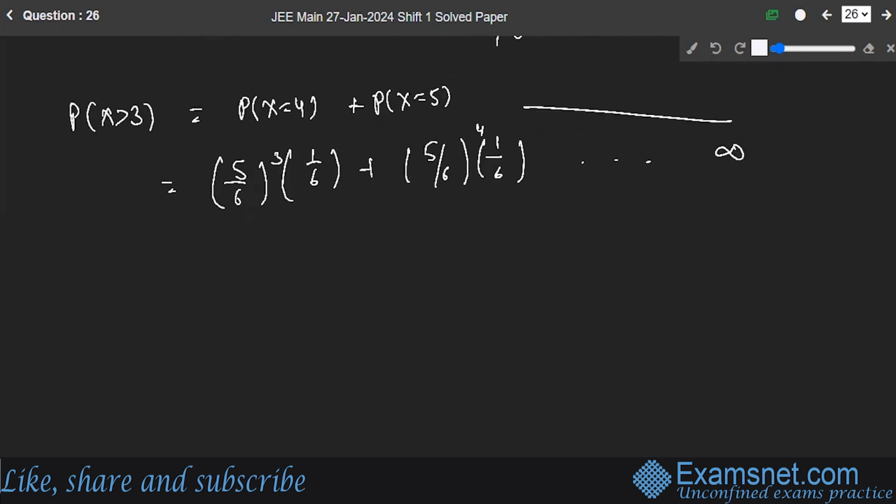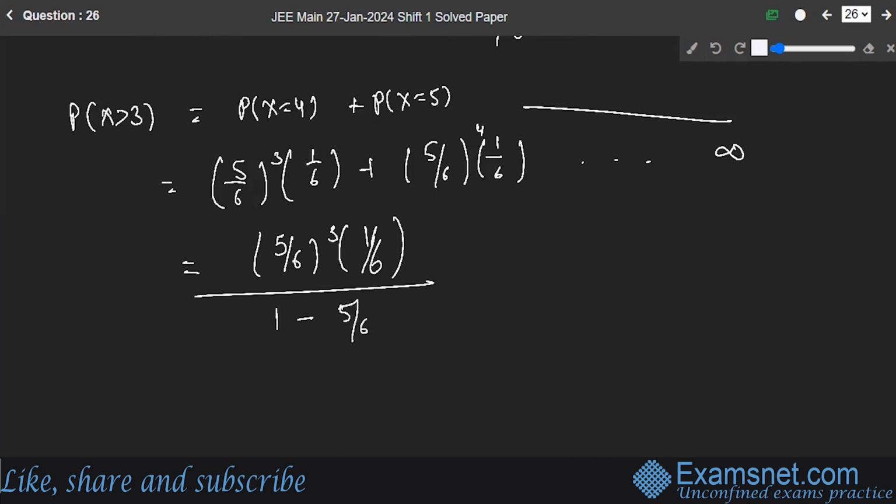This is again a GP. So this is given by first term divided by 1 minus common ratio. Common ratio is 5 by 6, not 1 by 6. Okay. So this gives me 5 by 6 raised to power 3, or this is 125 upon 216.